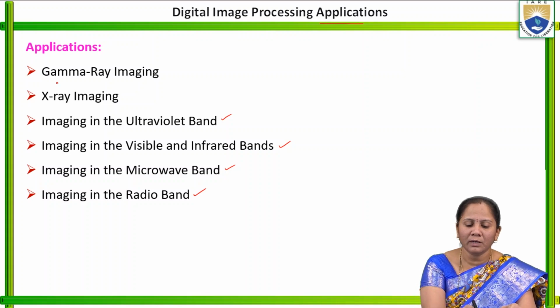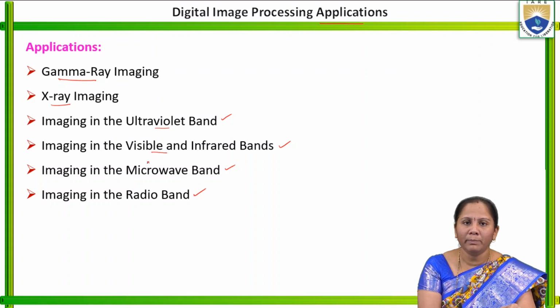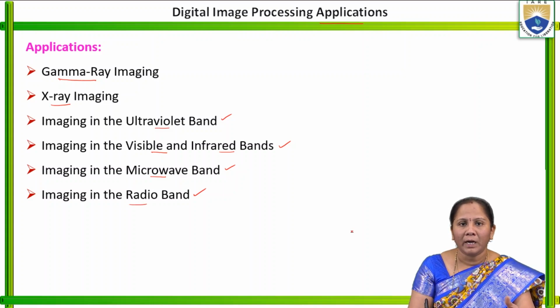So if you see here, there is gamma ray, X-ray, ultraviolet, visible band, infrared band, microwave band, radio band. All these are different bands available in the electromagnetic spectrum. Based on the band wavelength, we will see which application it is suitable for.